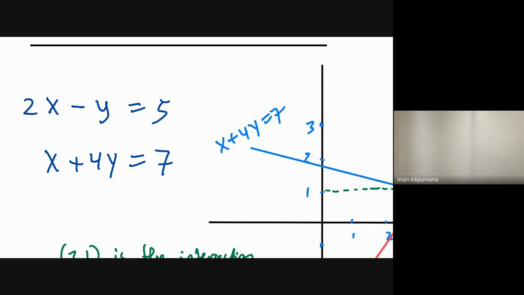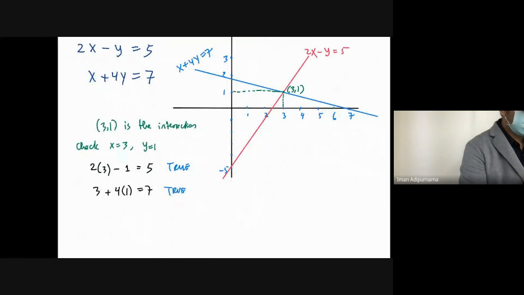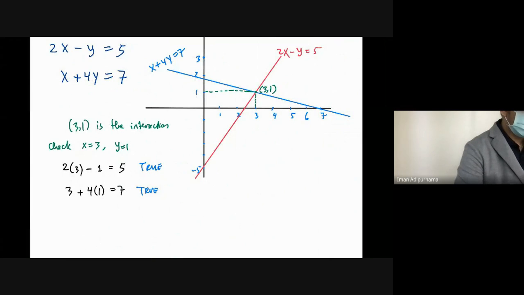Or you can substitute: 2x minus y equals 5 becomes y equals 2x minus 5, and you can use that in the second equation and you have the solutions. Maybe I will start with substitution first.